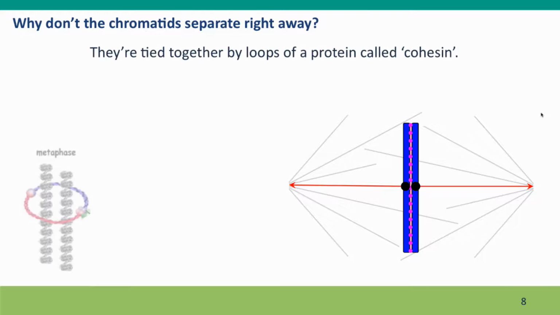And the answer is they can't come apart because they're tied together. They're tied together by loops of a protein called cohesin. So I've drawn it just as little pink dots here, but these loops actually wrap around the DNA double helices, tying the two sister chromatids together.